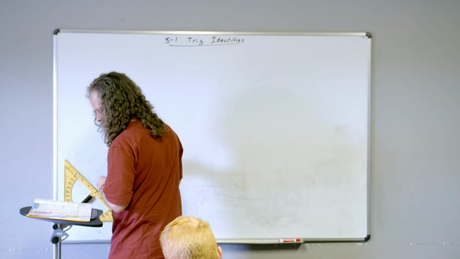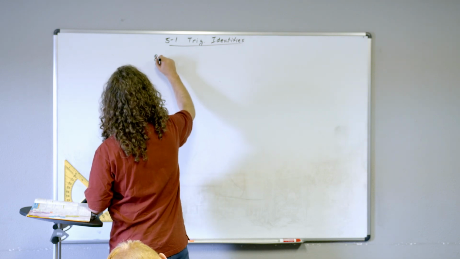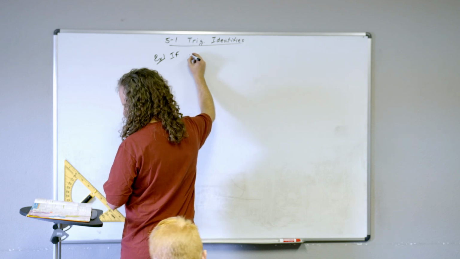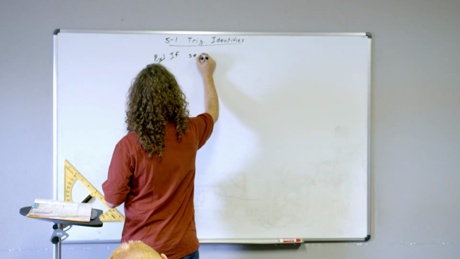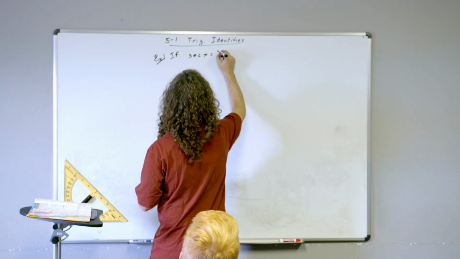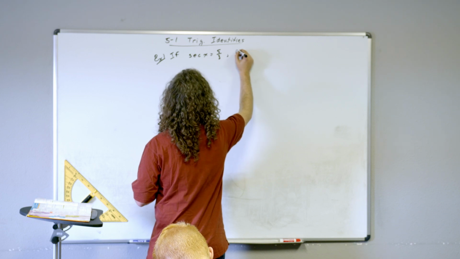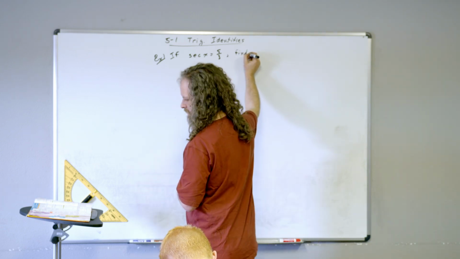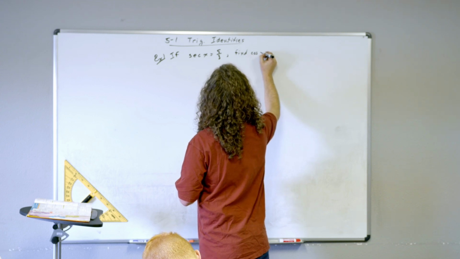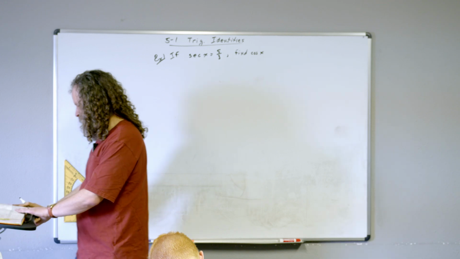Okay, so start out something simple. If the secant of x equals 5/3, find cosine of x. What's the answer?